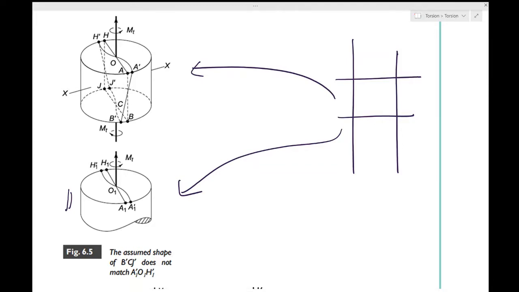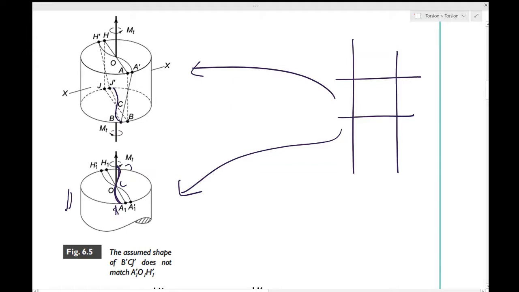Because if JCB, which was originally straight in this one, is like this, then B'CJ' would become like this, because this part is just below this. So B'CJ' would also follow the same trajectory.